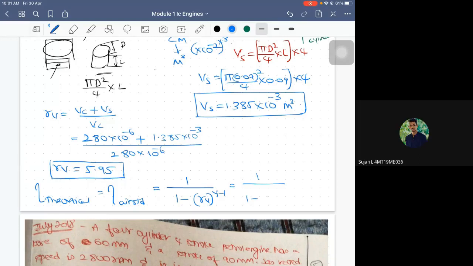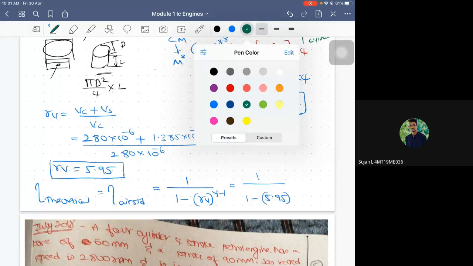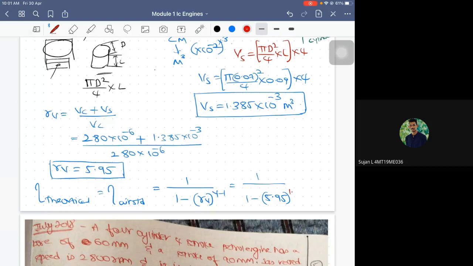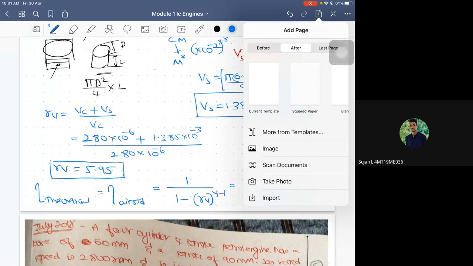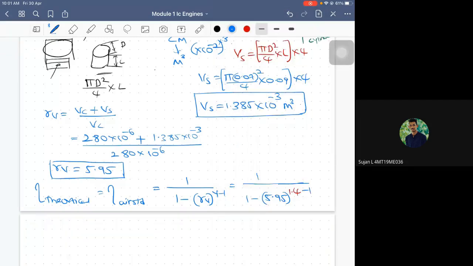So it is 5.95 whole to the power of 1.4 minus 1. You have to remember 1.4. That's why I have written it in red there. Calculate. So how much did efficiency theoretical come?